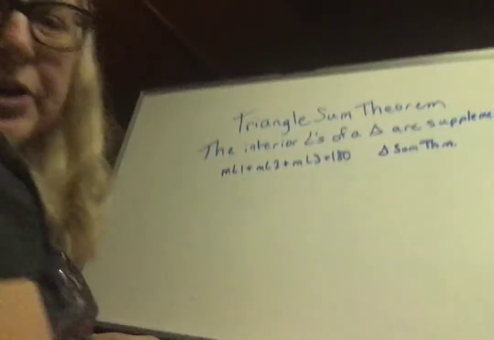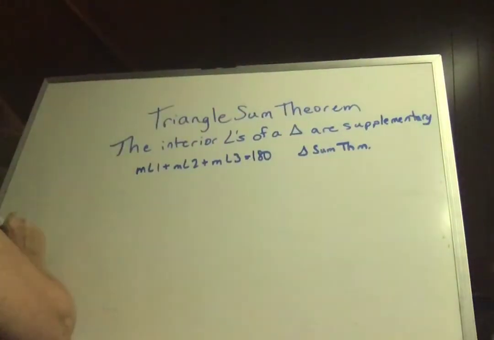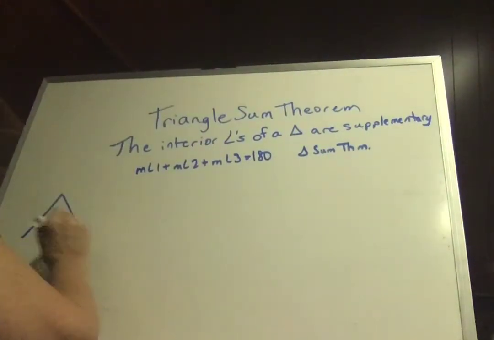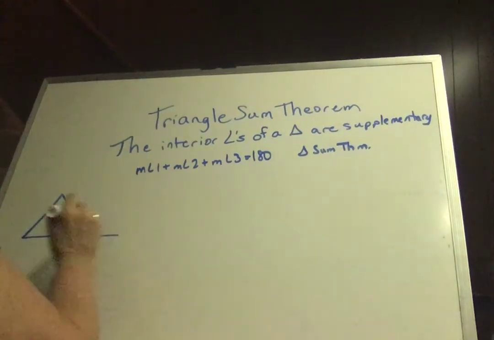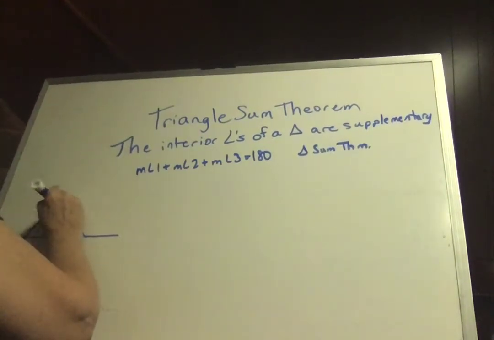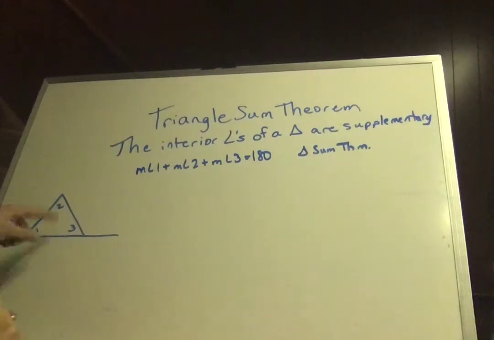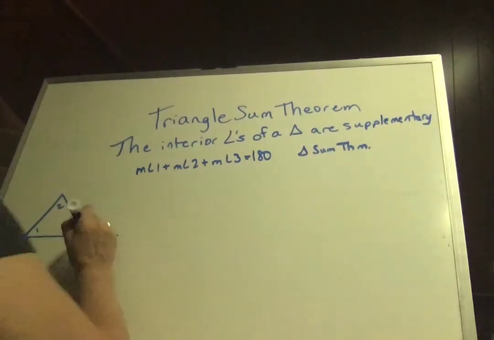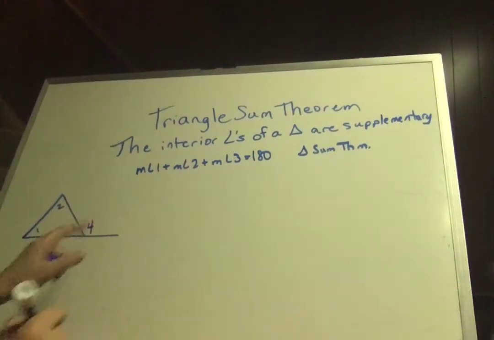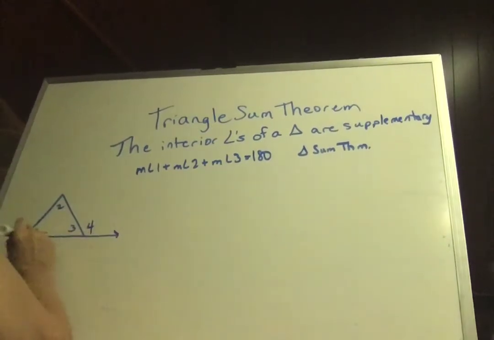Now here's the part you haven't looked at quite as much, and that's an exterior angle. So start with my same triangle, 1, 2, 3. We know that those 3 add up to 180. And I'm going to extend one of the sides and create an angle on the exterior.